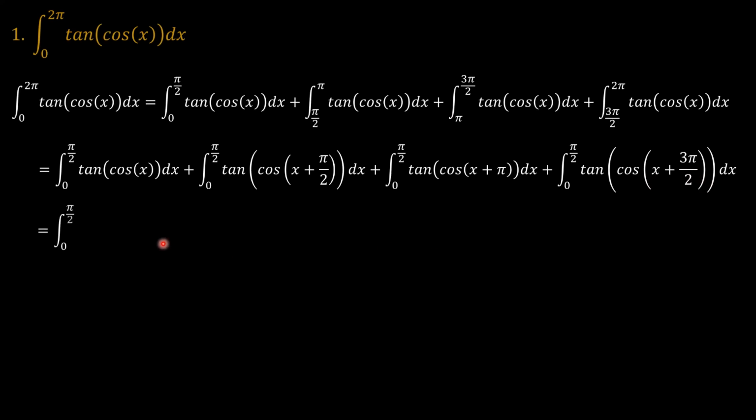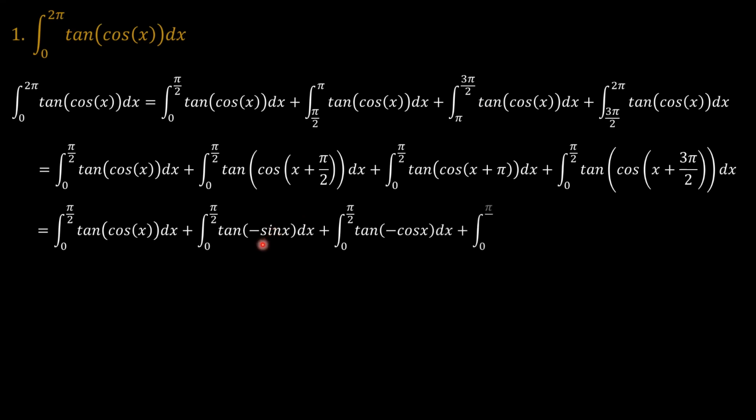Now, using the cosine of a sum of two numbers, cosine of A plus B equals cosine A cosine B minus sine A sine B, will yield here negative sine x. Here we'll have negative cosine x, and here we'll get sine x. And so as you can see, tangent of any negative value will result in a negative value of tangent of that absolute term.